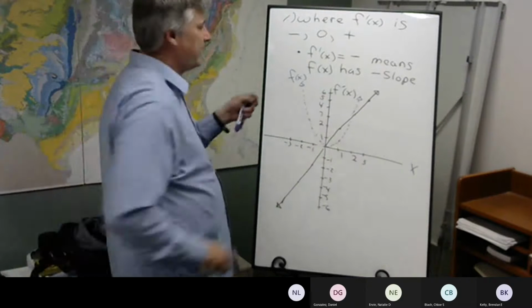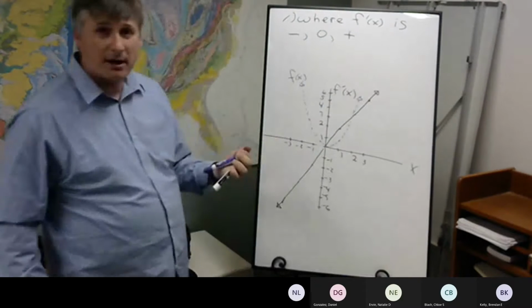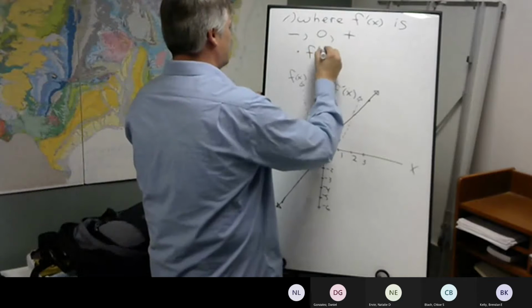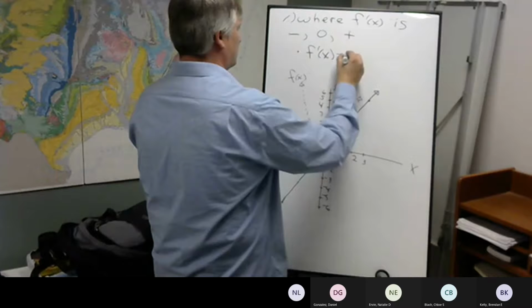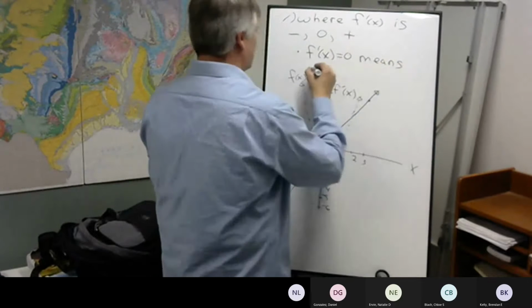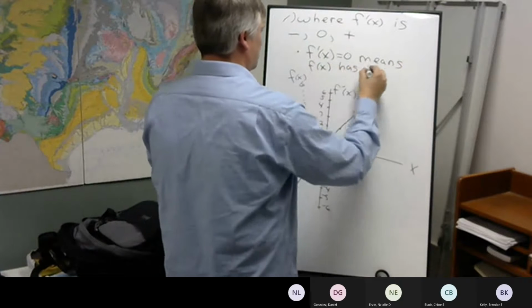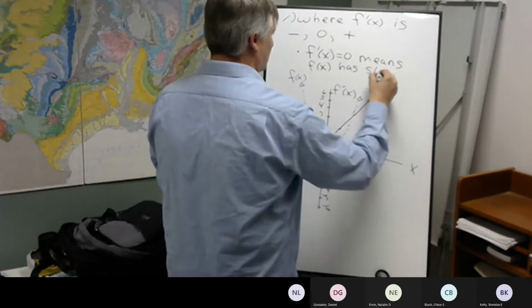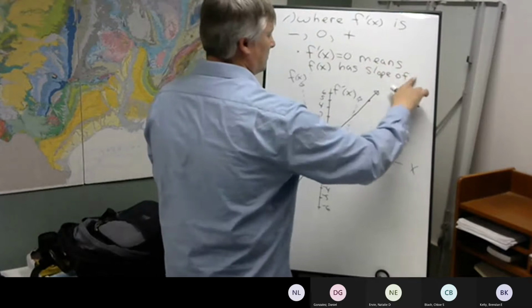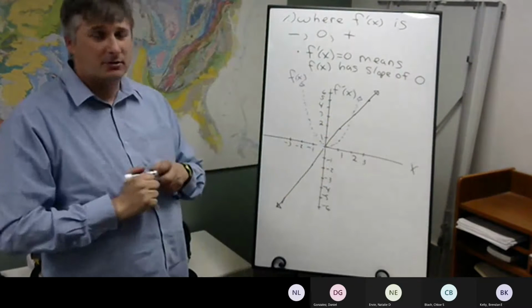Now, if we look at where f prime is 0, well, this means f of x has a slope of 0.